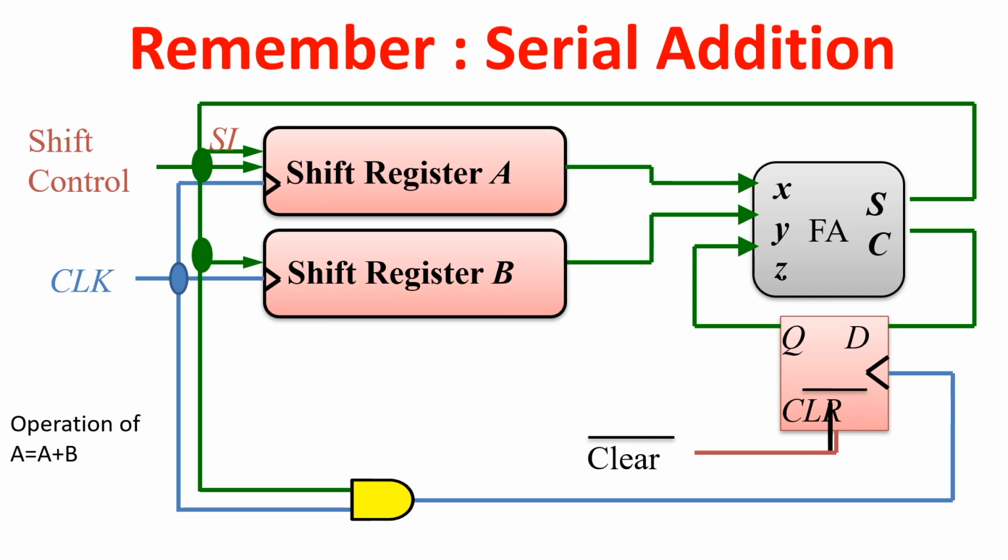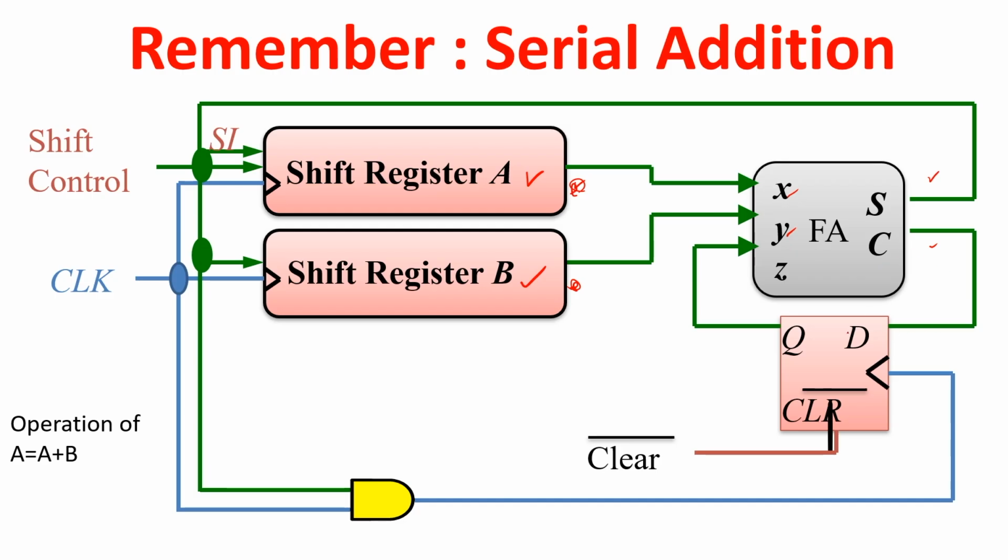Let us go back to the earlier classes and remember serial addition. This is the diagram. There are two registers, A and B, and every cycle we take the two rightmost bits and give them as input to this full adder, which calculates the sum and carry.